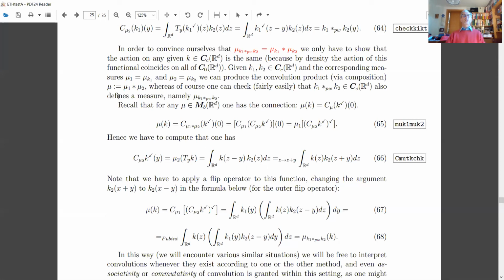If you have the measure mu, which is the convolution product, the rule was that we have to take the convolution operator applied to k flipped at 0. Now we have to insert the definition of what it means to take a product of convolution operators. It's applying a convolution operator and then another convolution operator.